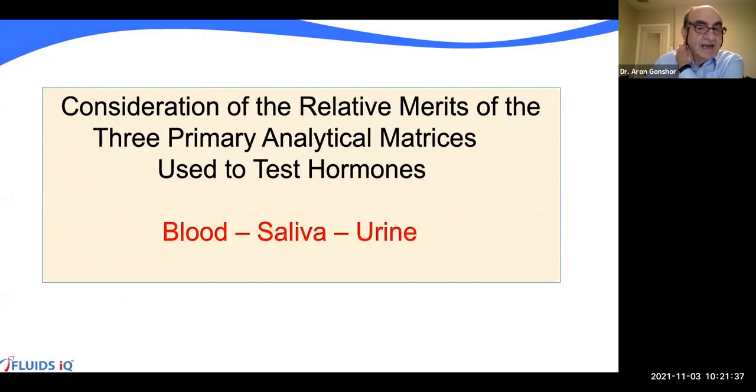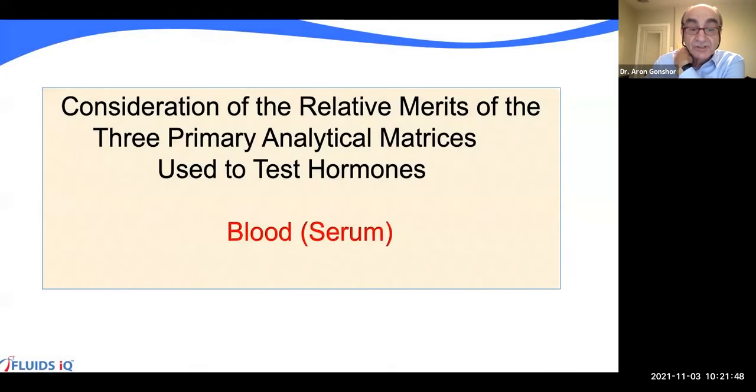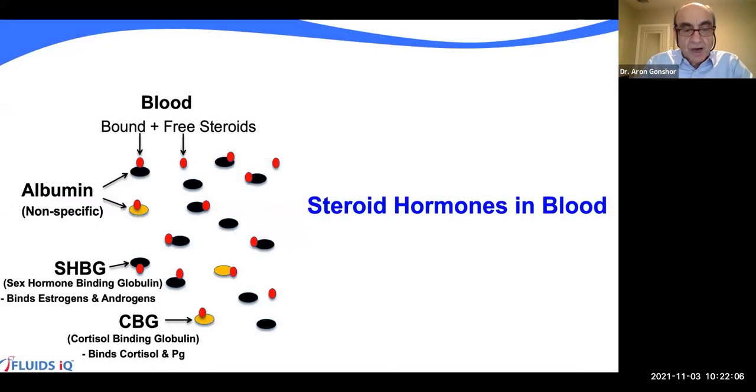So let's take a look at the relative merits of the three primary analytical matrices that we use to test hormones. And we're going to look first at blood, and I put in brackets serum because that's the way we normally think of taking blood tests. When someone goes for a blood test, they're normally going for a serum test in a hospital, in a large outpatient department, or when it's being done through phlebotomists. And what are we looking at?